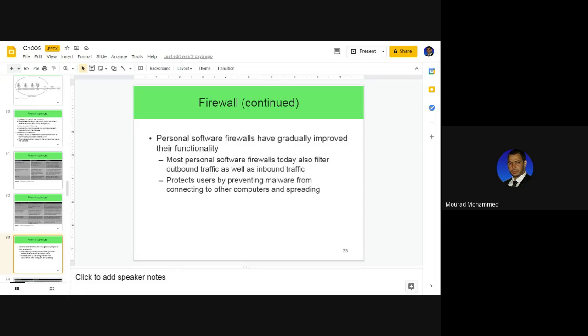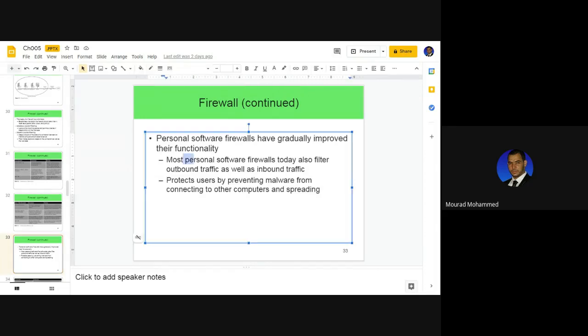As we said, there are firewalls as hardware and software, absolutely, but moreover, there are firewalls that can actually be installed on a computer. What does it mean? It means that we can install a firewall on a device like an antivirus. Yeah, absolutely.